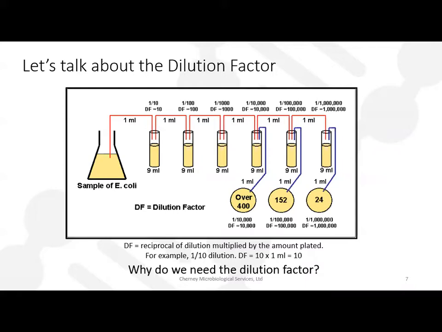Then you'd be taking that 1 million times 0.1, which is going to make your dilution factor now 100,000. Then you take 24 times 100,000, and that would yield you your result. So it's important to always consider the dilution factor and not just go with what the dilution is, because the amount that you put onto that plate matters. All right.